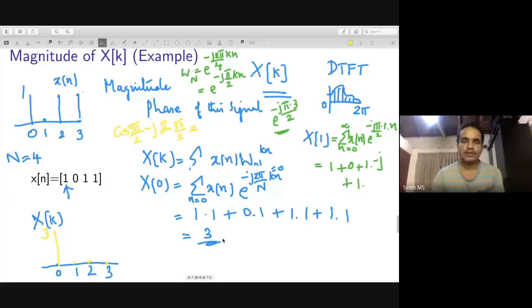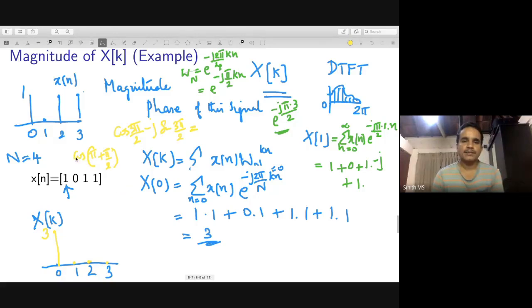You can write cos 3 pi by 2 as cos of pi plus pi by 2, and this also you can write as sine of pi plus pi by 2.